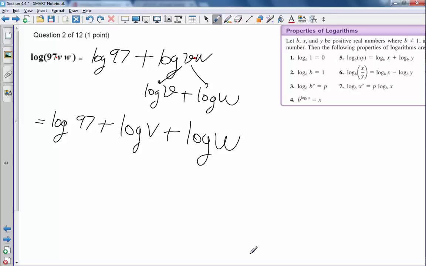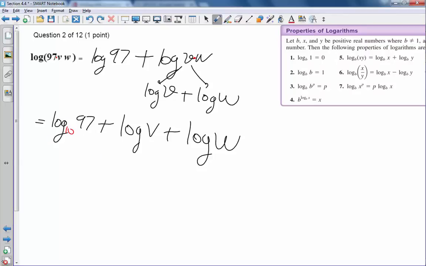Alright, we're done with separation. How about simplification? Any one of these logarithms you think you can simplify? Our usual suspect is this one, right? This has the most promise to simplify, but can you raise 97 into power of something? I wish that was 100. Because what is the base of this logarithm? 10.